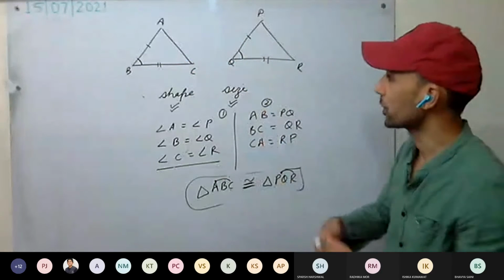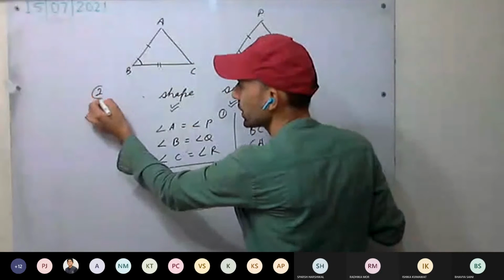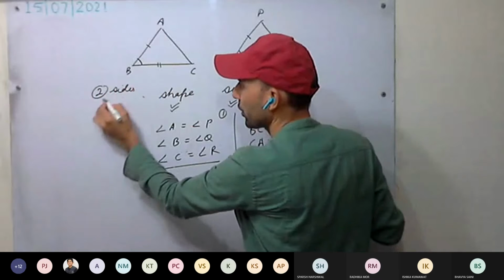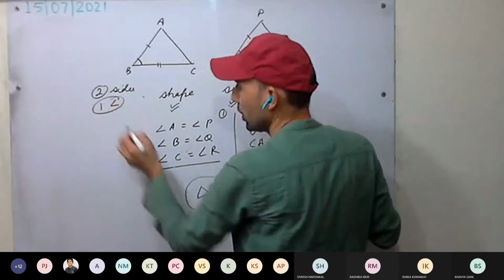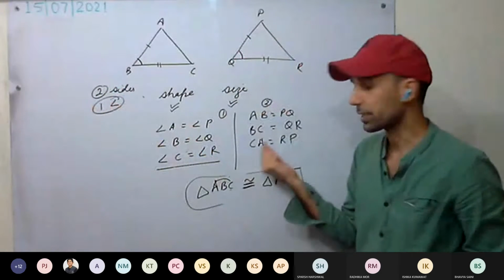So how many things have I proved? Two sides and one angle. Only three were required out of six.